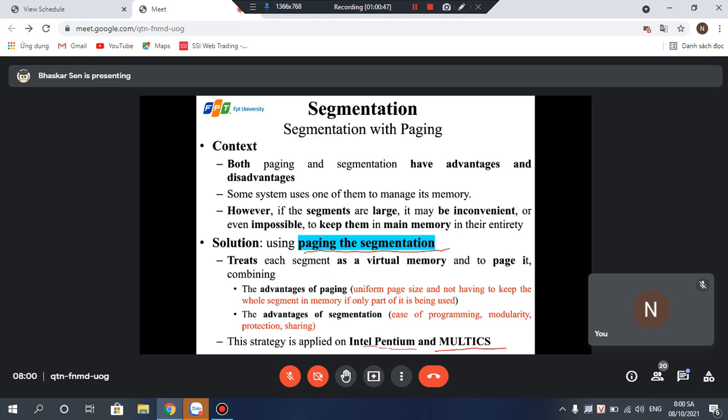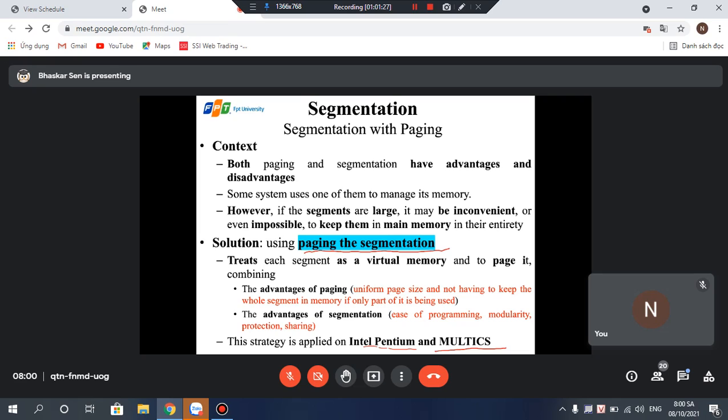So we start thinking about, why don't we combine these two things together? We want to combine the advantages of segmentation with paging.